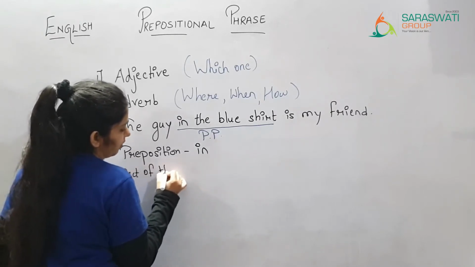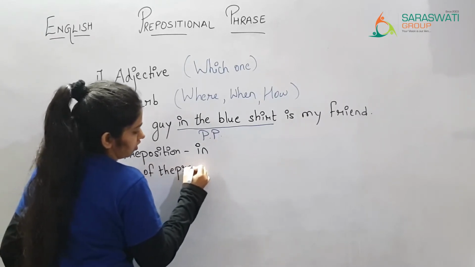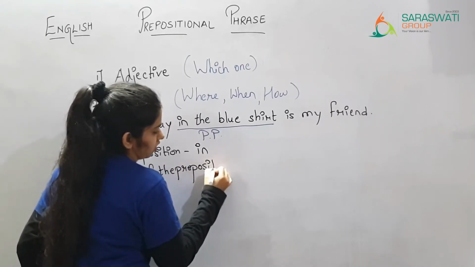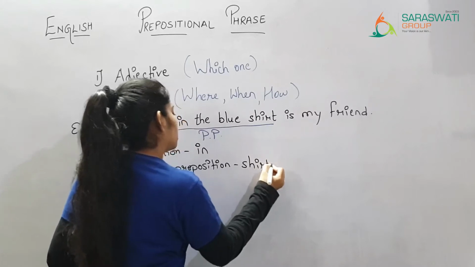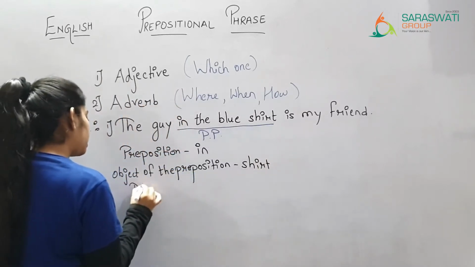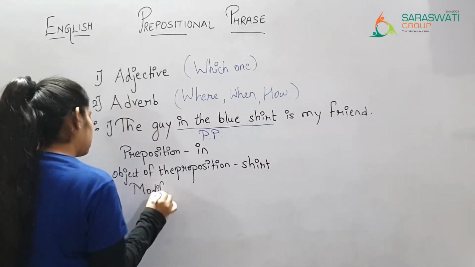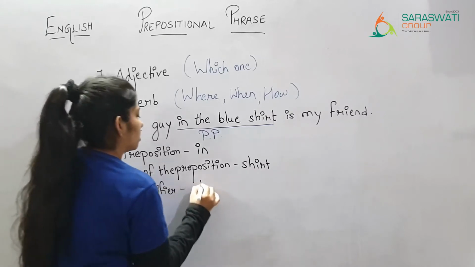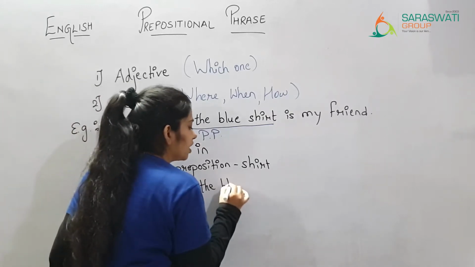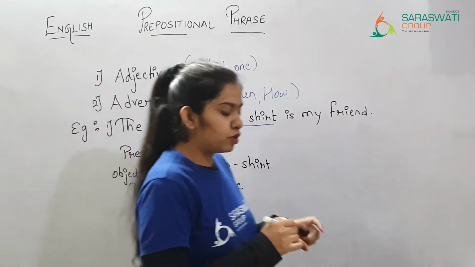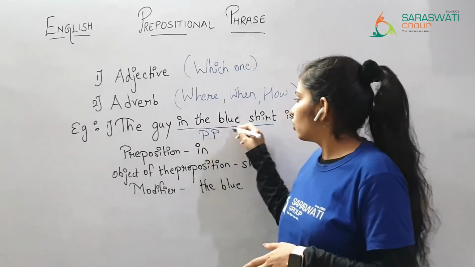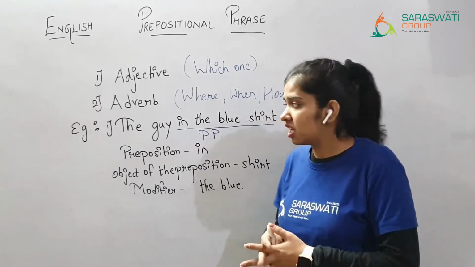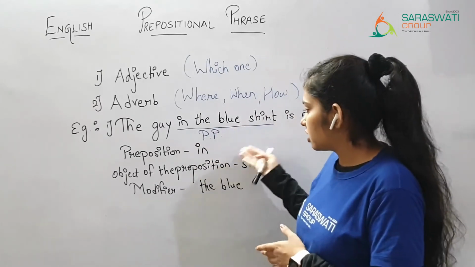Object of the preposition is shirt, and the modifier is the blue, because here blue can be changed to black, white, any color. The guy in the white shirt, the guy in the black shirt. So it modifies the object.